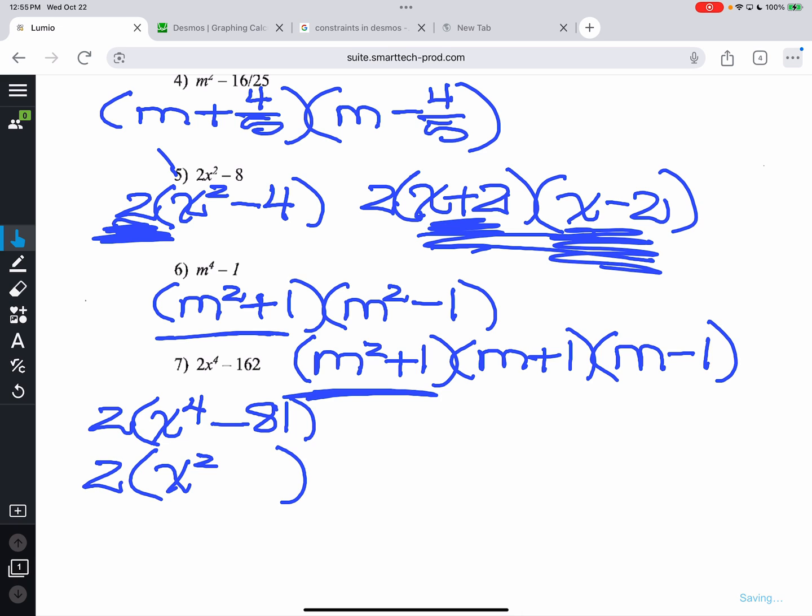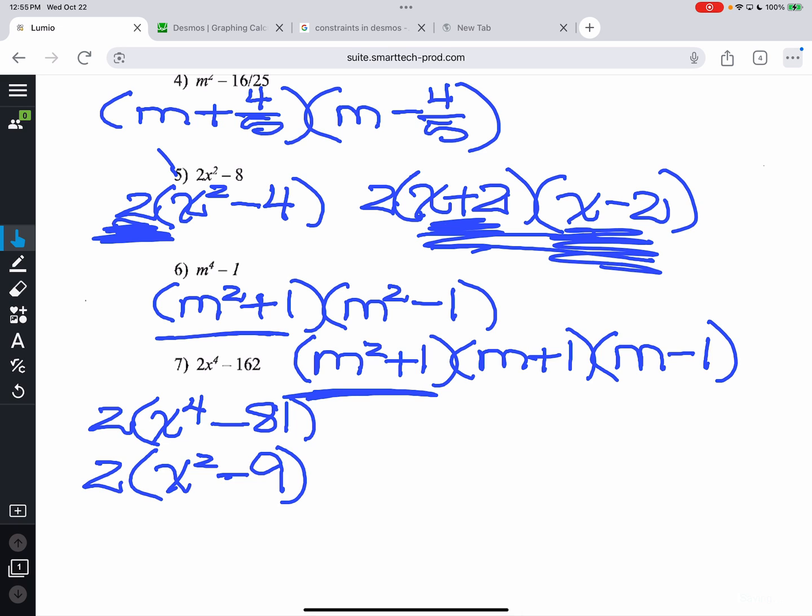X squared minus... Doesn't divide. Can you put it in points? Like 40.5? No. 9. Why? Squares. We're taking the square root, not dividing by 2.